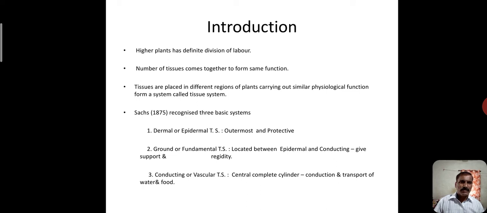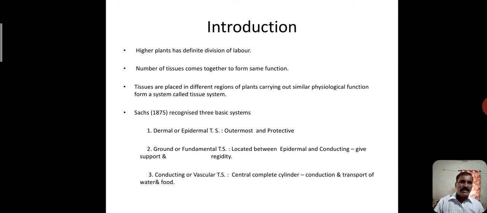First, the dermal or epidermal tissue system, which is the outermost and protective in function. Second, the ground or fundamental tissue system, located between the epidermal and conducting systems, which gives support and rigidity to higher plants.